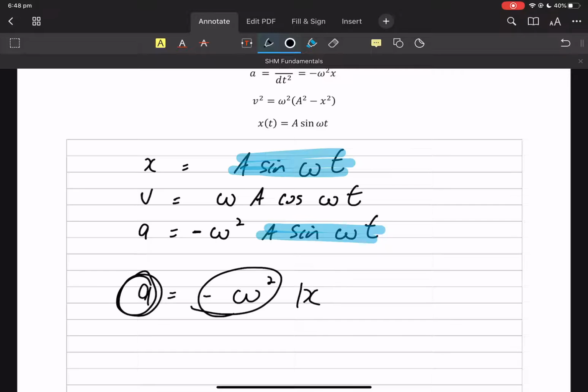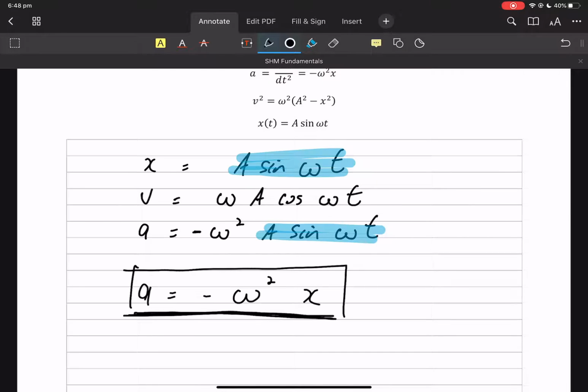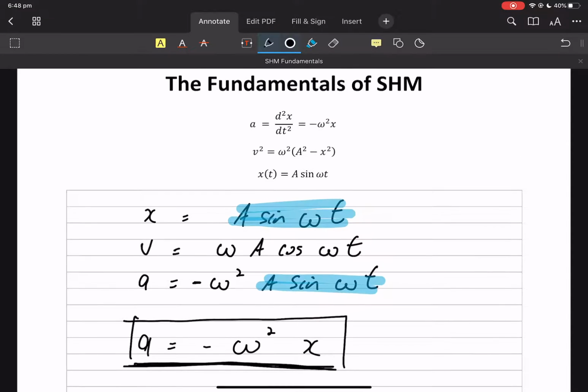So if you think about a pendulum or some sort of spring, you can appreciate that acceleration is always acting against the direction of movement. So this is a fundamental concept of simple harmonic motion, is that acceleration acts against displacement. So if we can get an acceleration displacement function to look like this, we go, hey, it's simple harmonic motion.